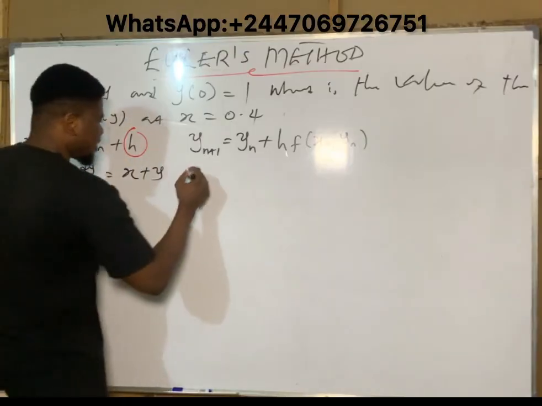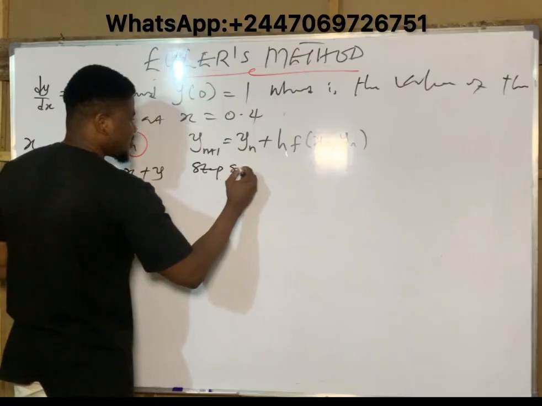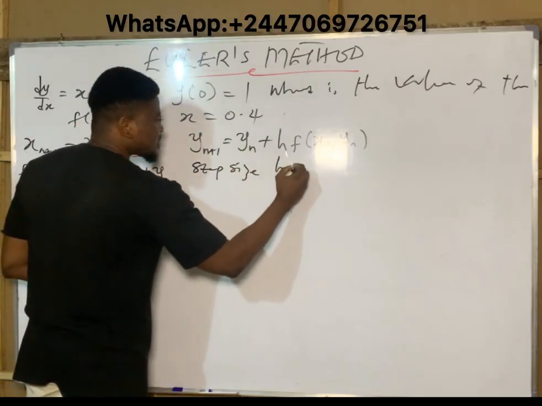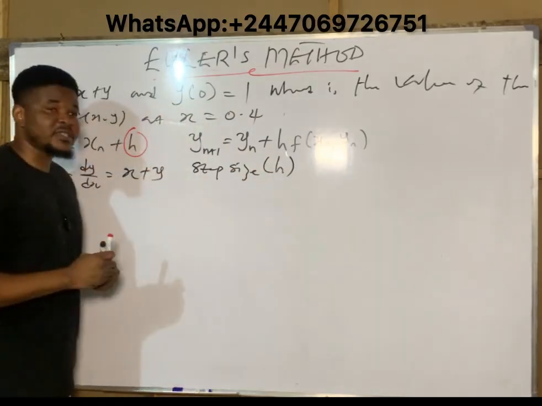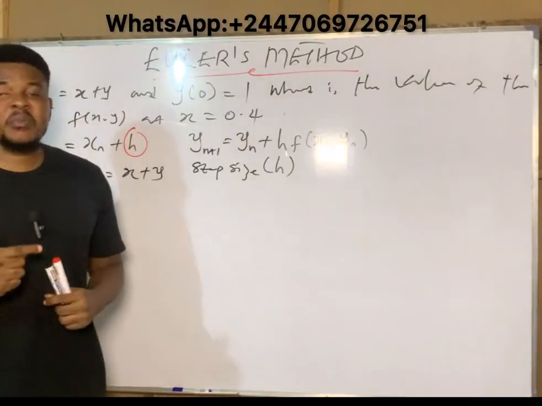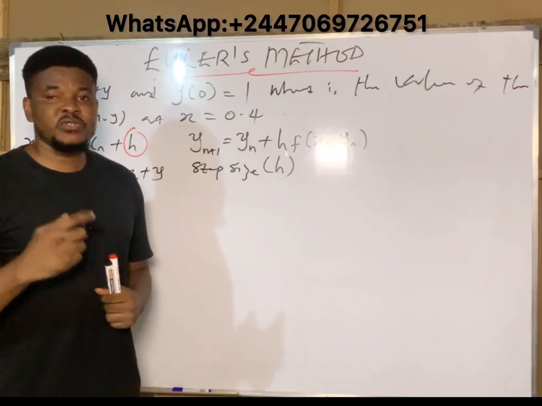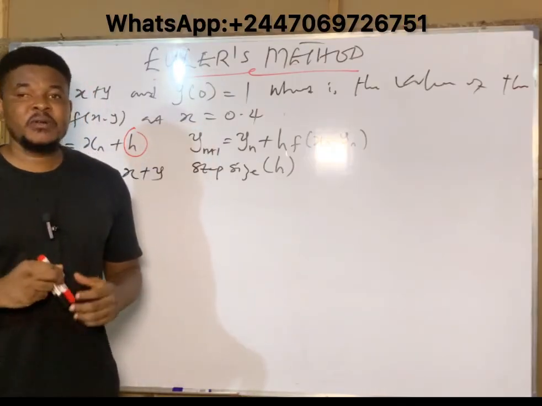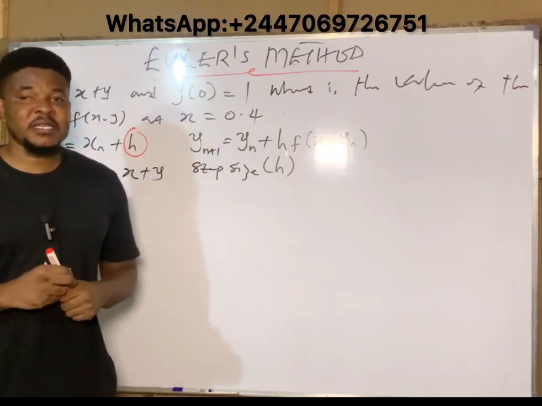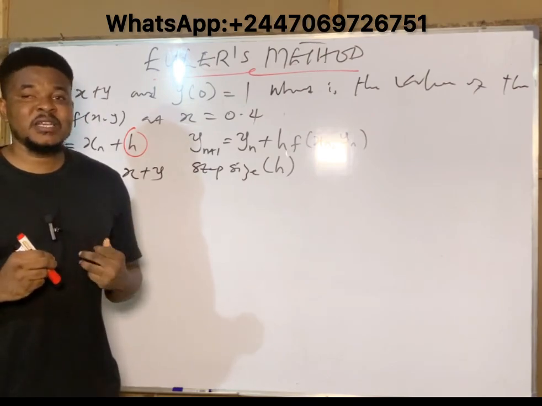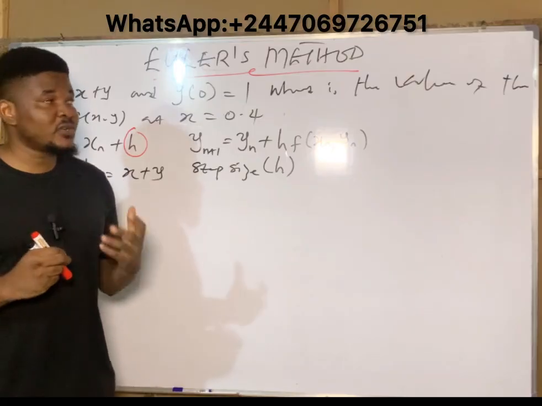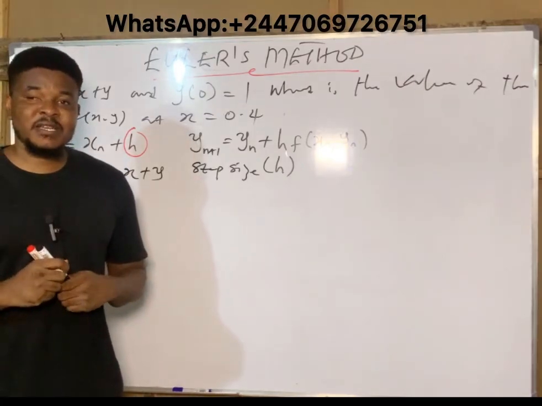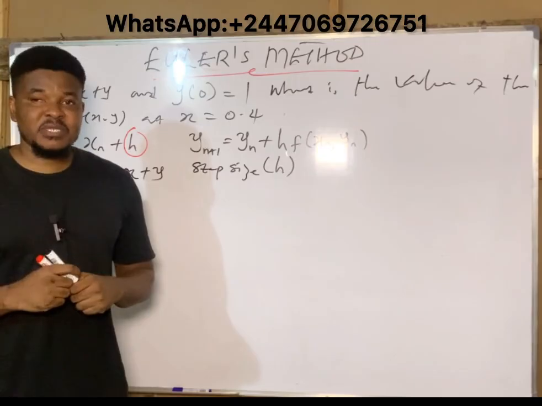Most times it is given to you in a question, and most times it is expected that you choose your step size. In selecting your step size, always consider the step size to be as small as possible, because using Euler's method, the smaller the step size, the more accurate the approximation.